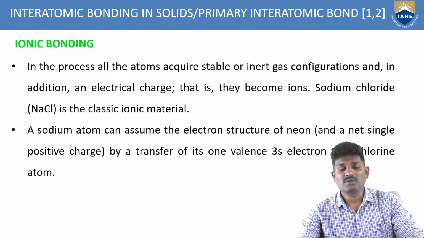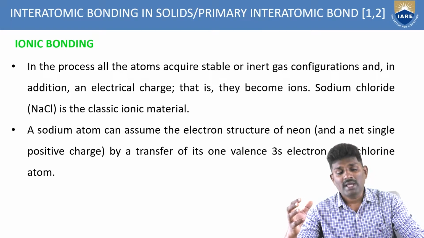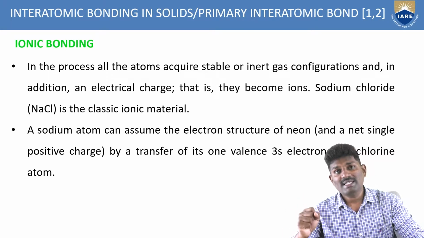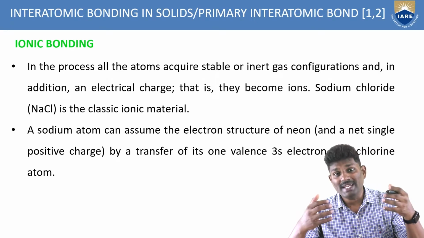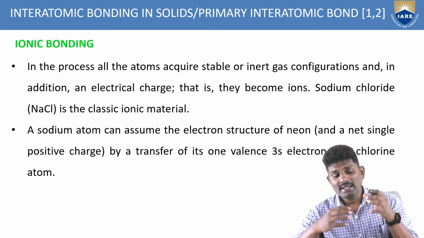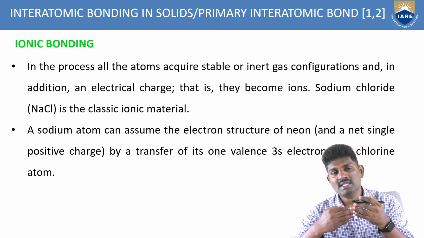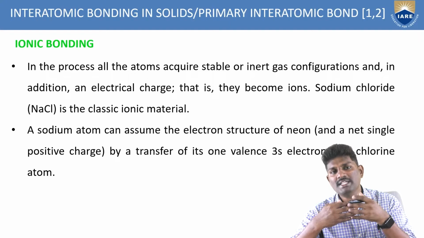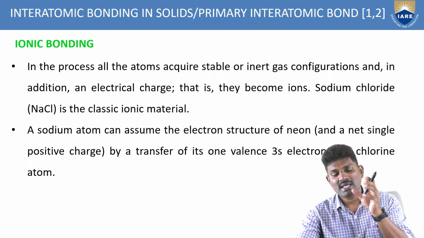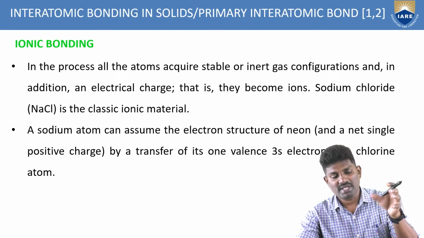And in this process, what is happening? All the atoms acquire a stable or inert gas configuration because of the arrangement of the electric charge, as they become ions. So because of the arrangement of the positive and negative charges, they'll have a strong bonding energy between the atoms, so that you'll get a stable inert gas configuration.